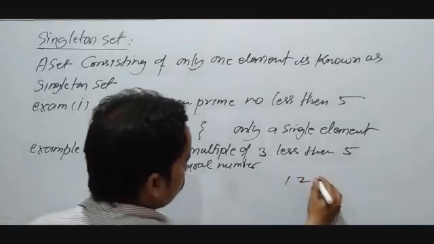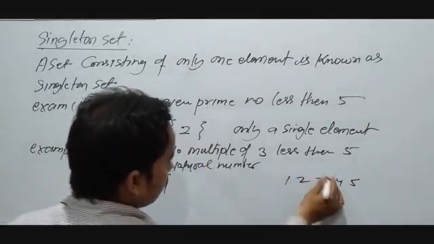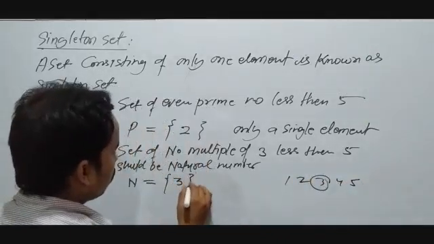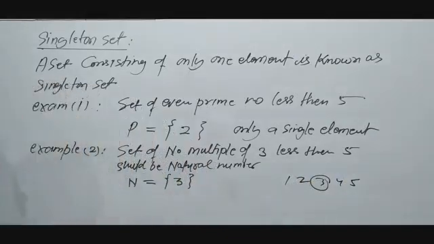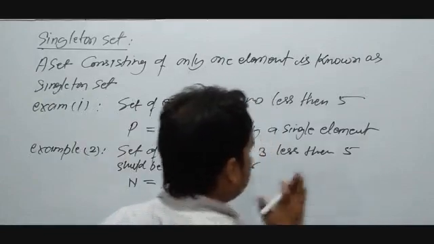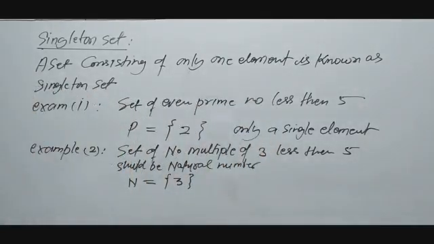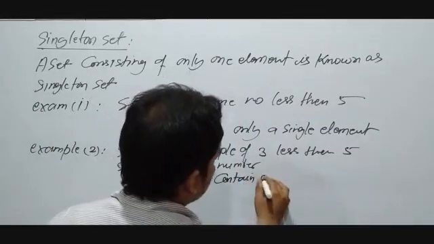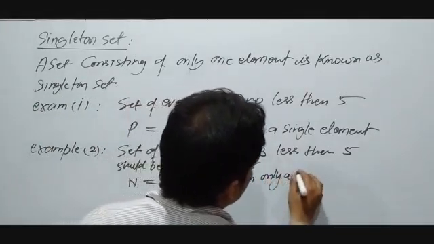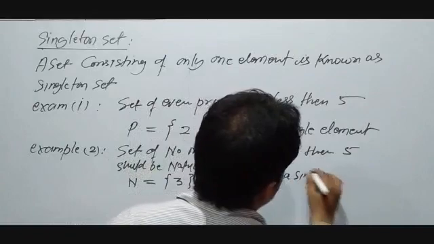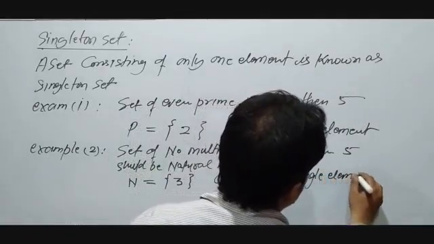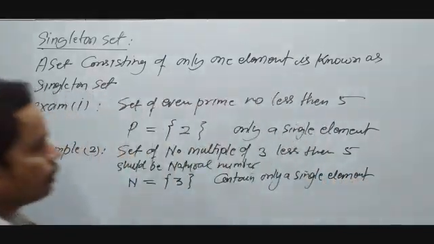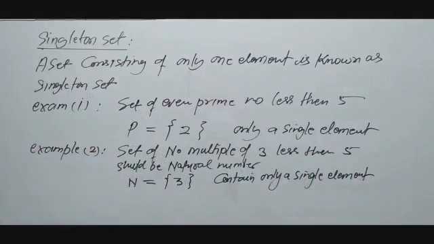So 1, 2, 3, 4, 5, less than 5, there is the number 3. So n is equal to {3}. It contains only a single element.